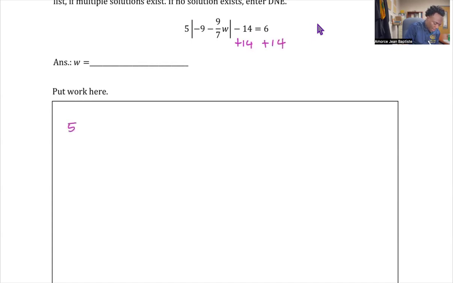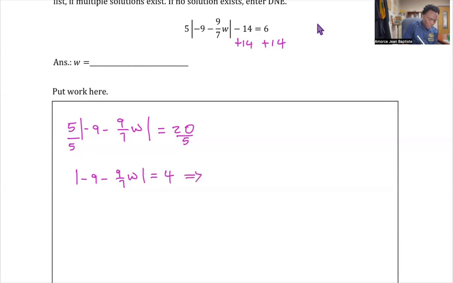So we have 5 absolute value of negative 9 minus 9/7 W equals 20. Divide both sides by 5 to get the absolute value part by itself. So absolute value of negative 9 minus 9/7 W equals 4.